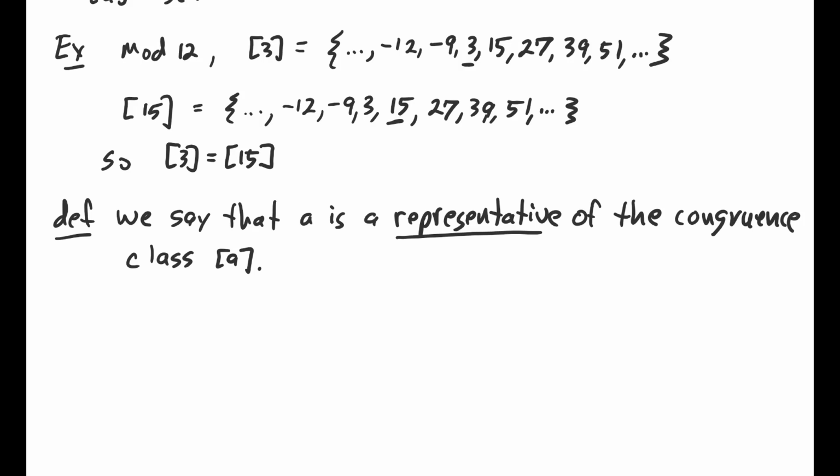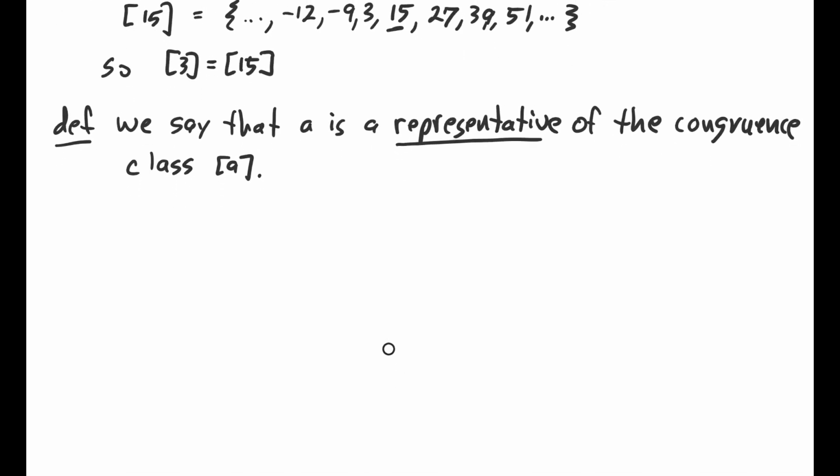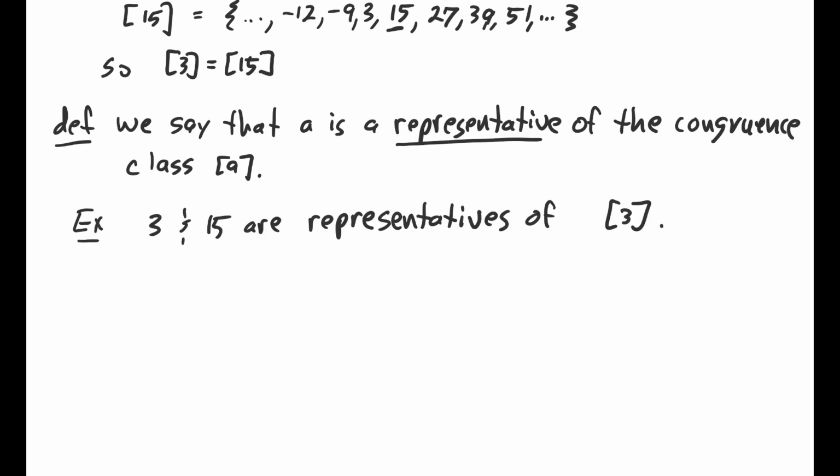In general, we say a is a representative of the congruence class [a] with the square bracket. So, for example, 3 and 15 are representatives of the congruence class of 3. That's because the congruence class of 3 is the congruence class of 15. In fact, you can add any multiple of 12 to 3 and get a different representative.